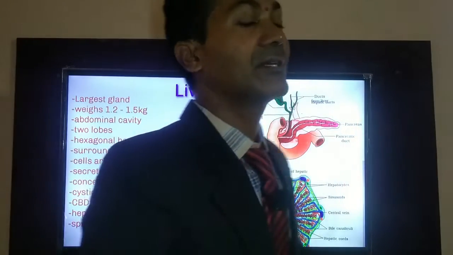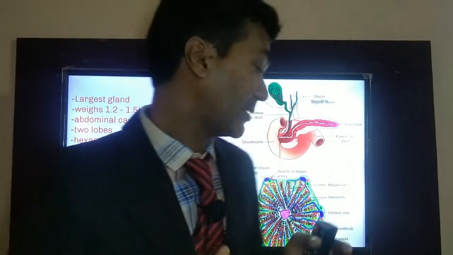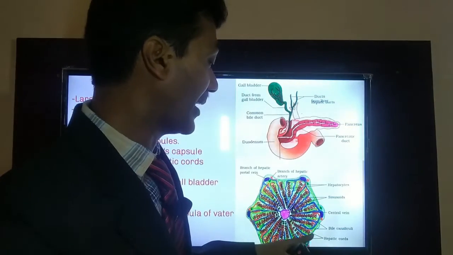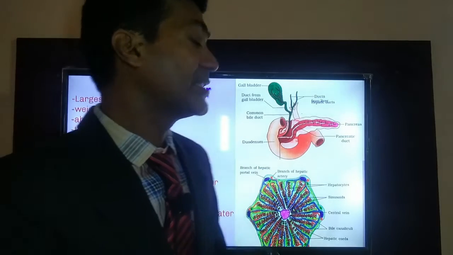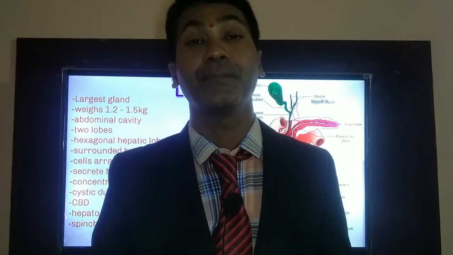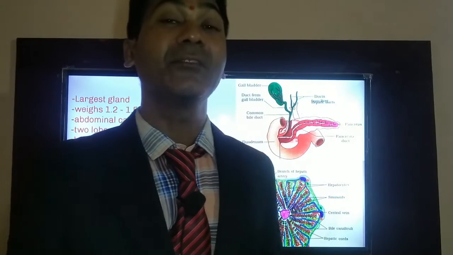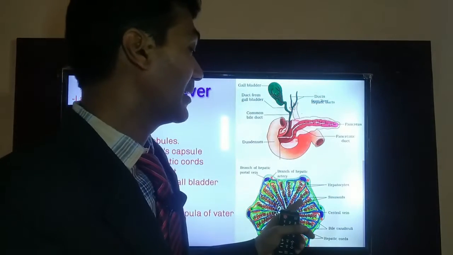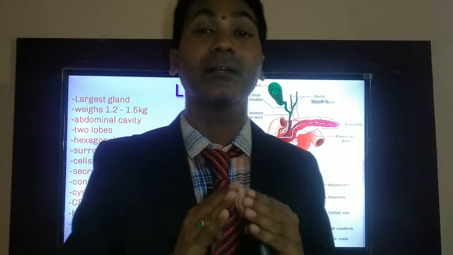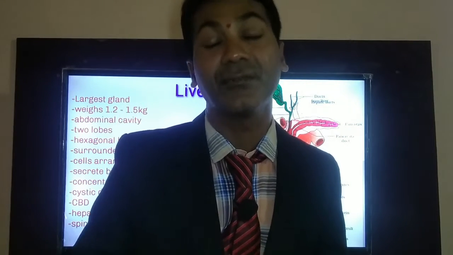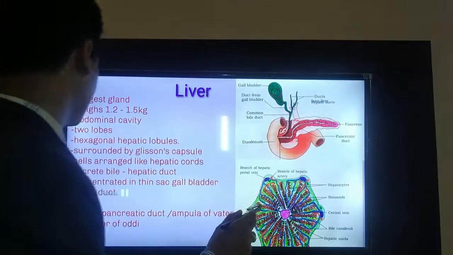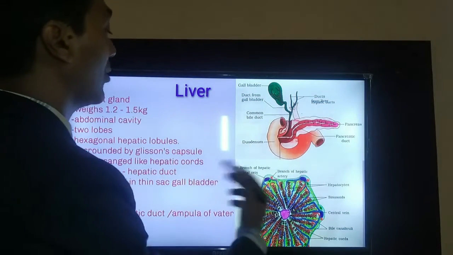Sinusoids are the gaps between each hepatic cord, which accommodate the portal vein. Already we know the portal system. The hepatic portal vein terminates at sinusoids, where the portal vein capillaries are present, where exchange of gases and nutrients takes place. So this is regarding the hepatic lobule.